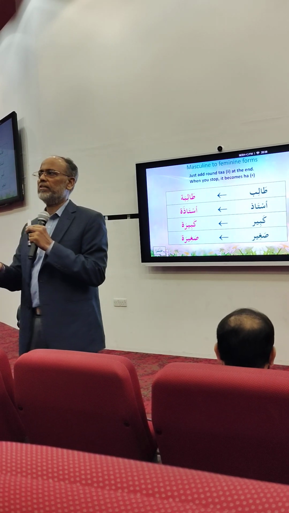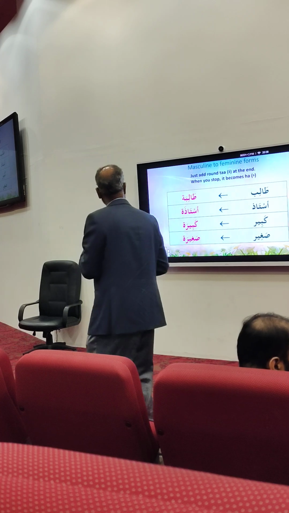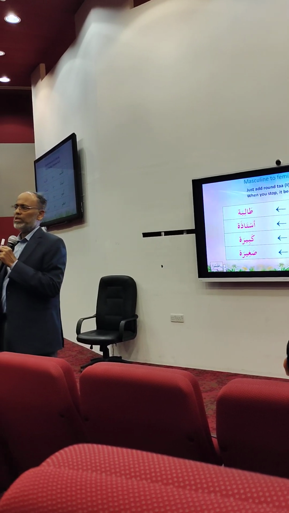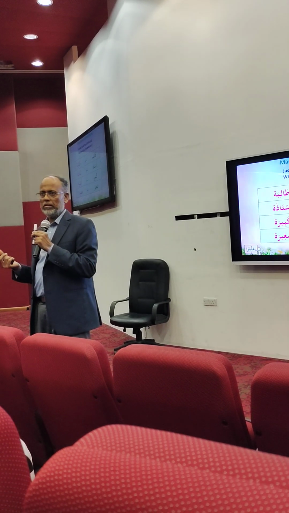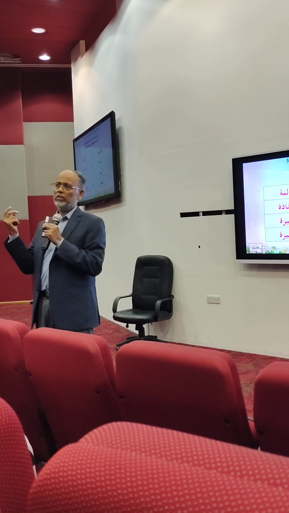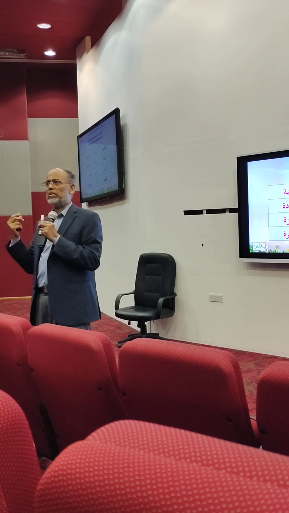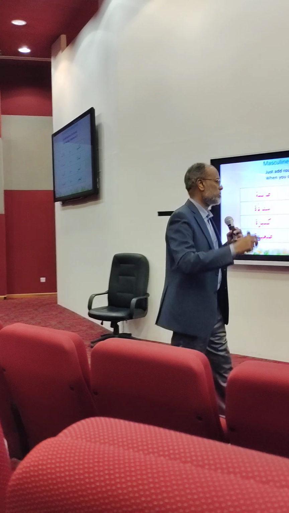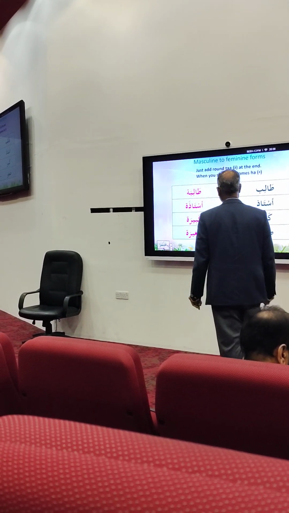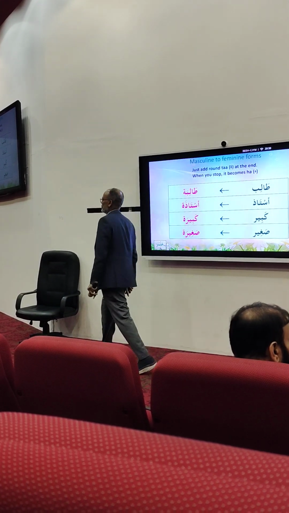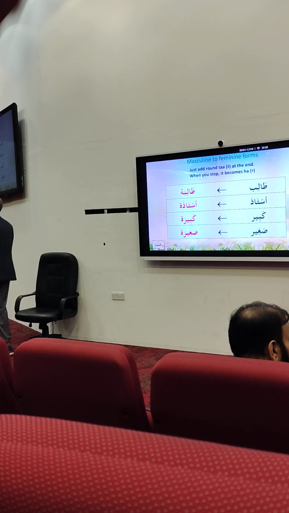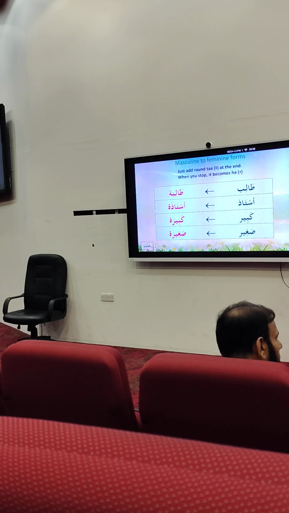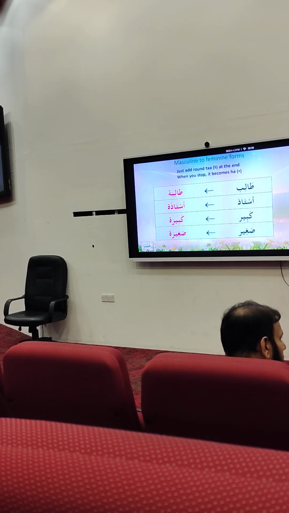So I will give you the males and you give me the female words, feminine words. Talib, Ustaz, Kabir, Kabira. Saghir, Saghira. Once again, Talib, Ustaz, Kabir, Kabira. Saghir, Saghira. Okay, ask each other.